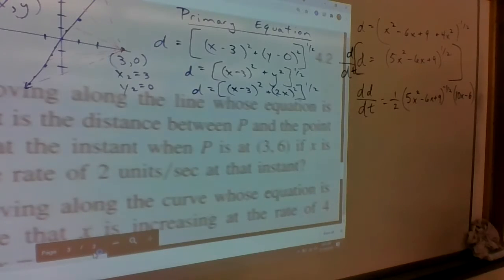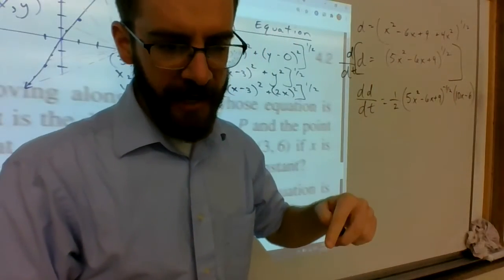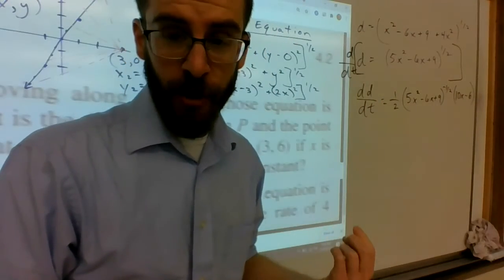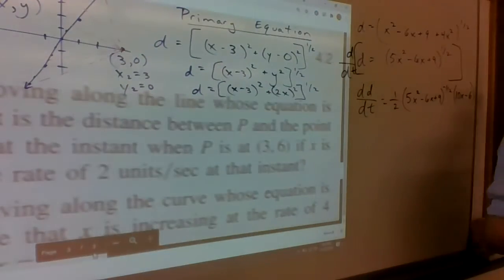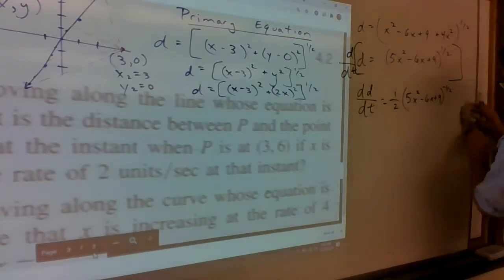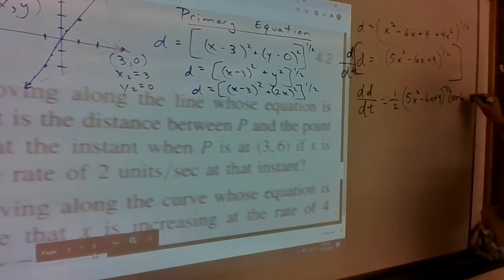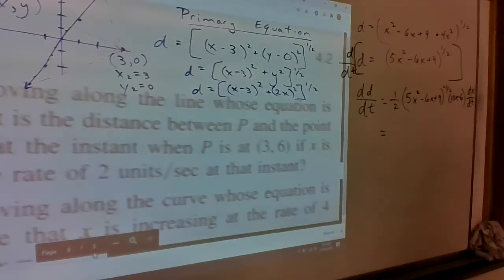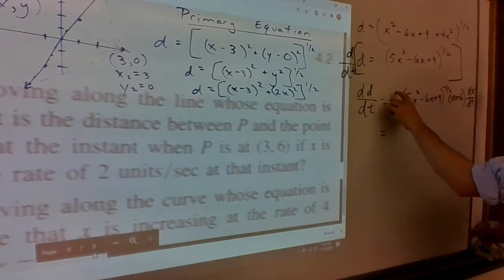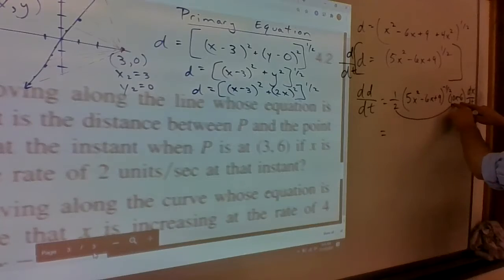Awesome. Oh, shoot. When we take the derivative of the inside, we took the derivative of x terms, which creates a dx/dt inside of there. So we still have a dx/dt. Okay, so I'm going to simplify this by distributing the half to both of these terms right here.